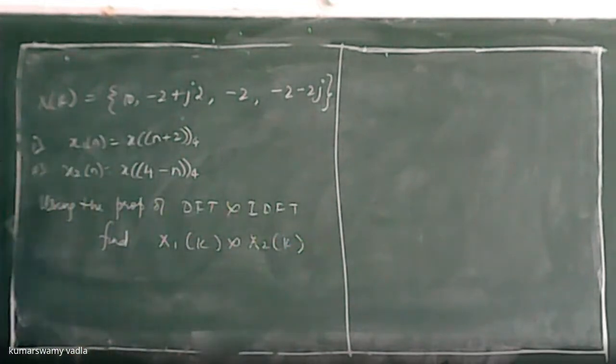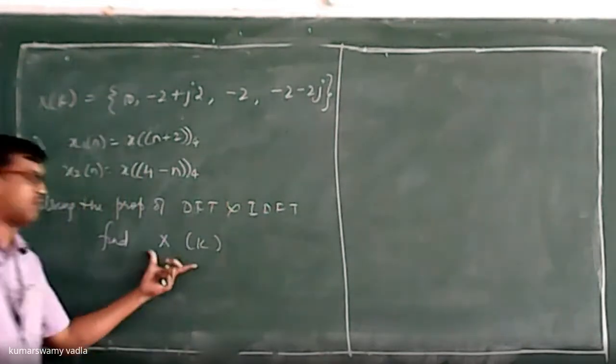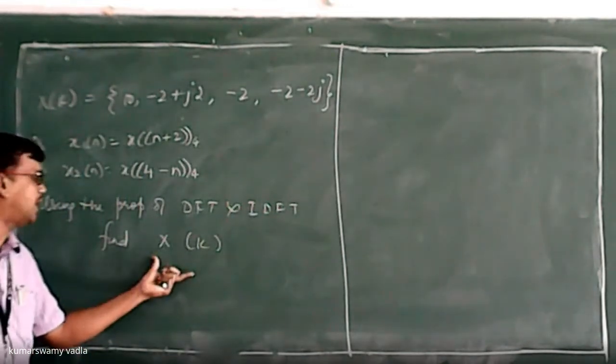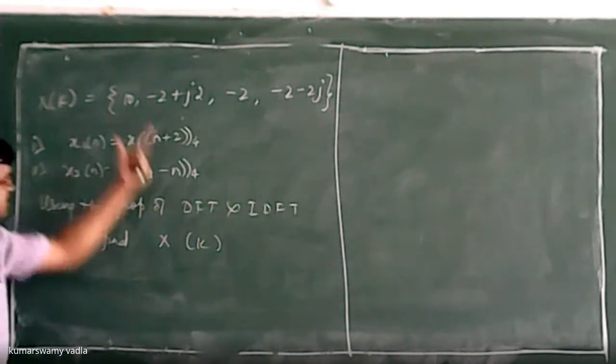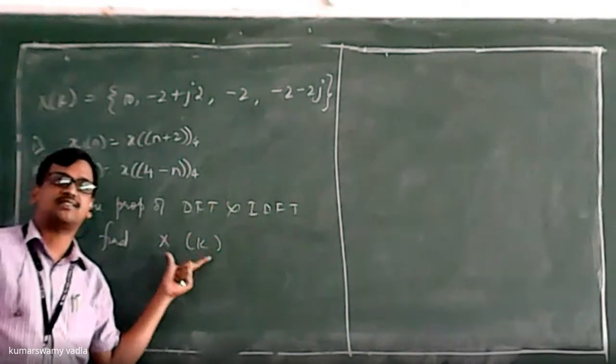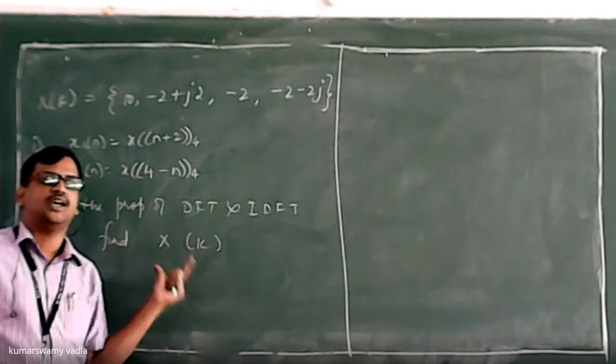Friends, here he has told us in the question to find X of k, meaning that though he has given X of k, he is again asking us X of k only. This is a mere confusion, please get this point.